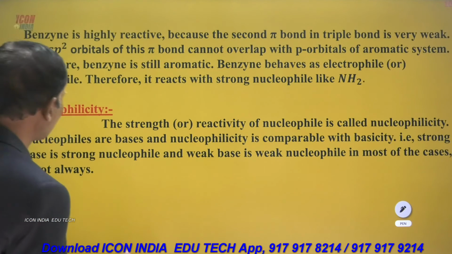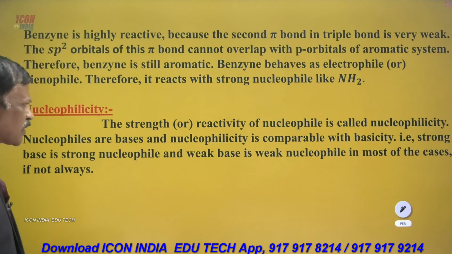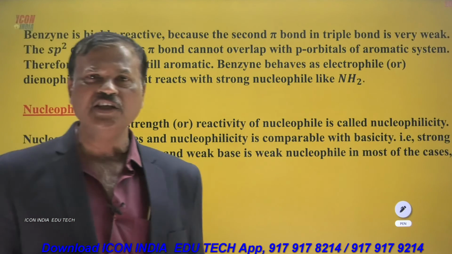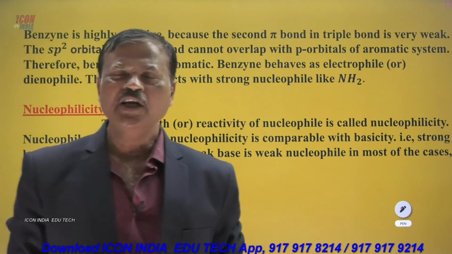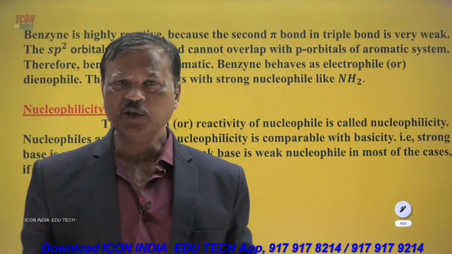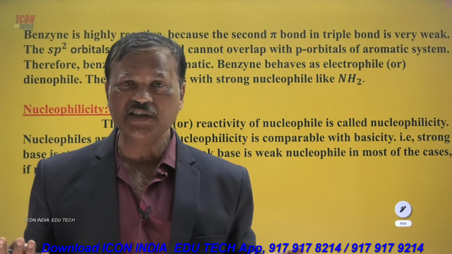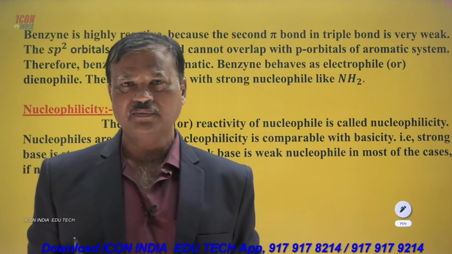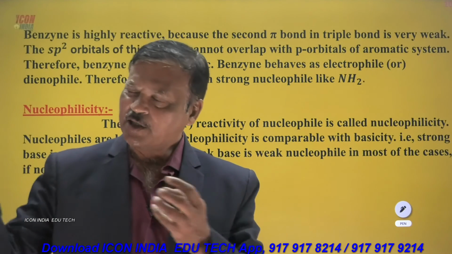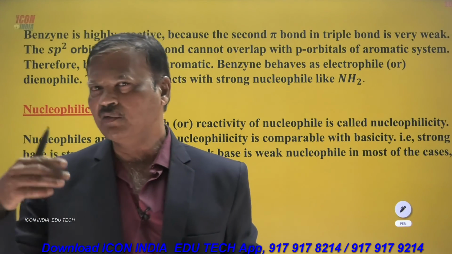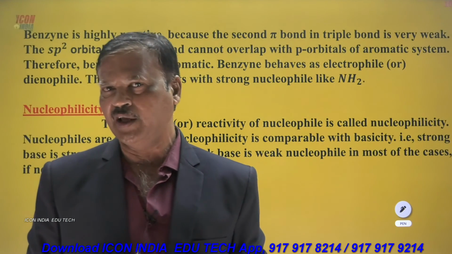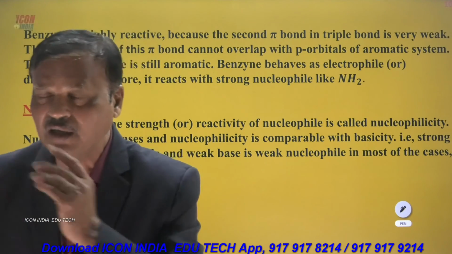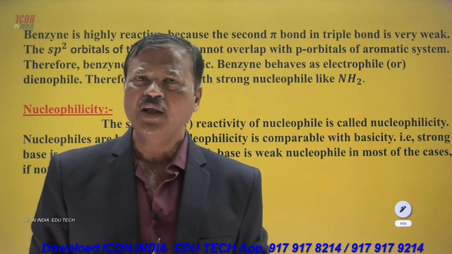Okay. Now next is nucleophilicity. Please have a look at nucleophilicity. It's a very important term. You know the nucleophiles. A nucleophile is one which donates an electron pair, like a Lewis base. Thus nucleophiles are nothing but Lewis bases.